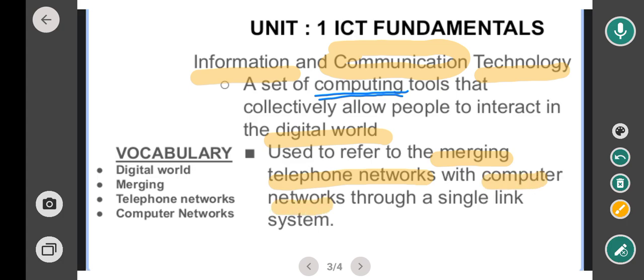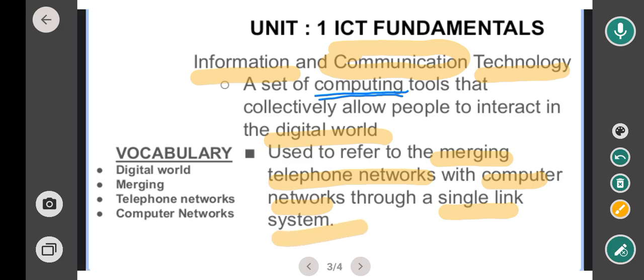And what are computer networks? It means that on the internet you find many computers connected with one another, and there is a rule which ICT performs. Basically, that is the fundamental unit, that ICT performs its function in computer networks through a single link system.